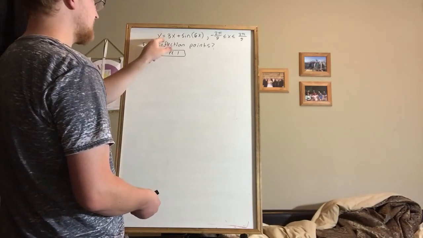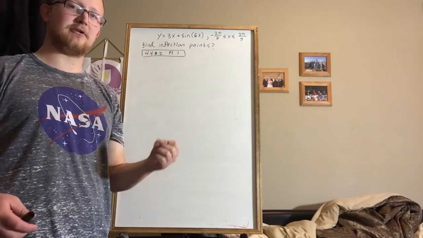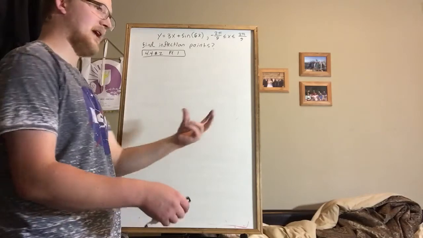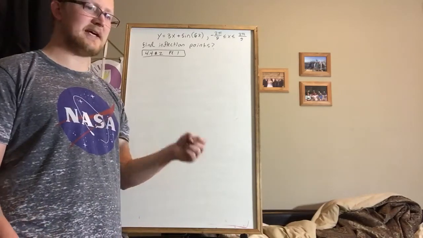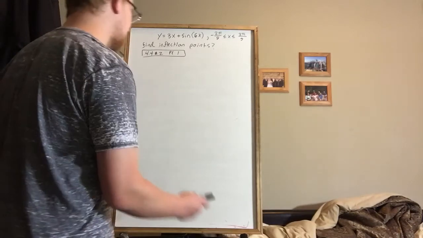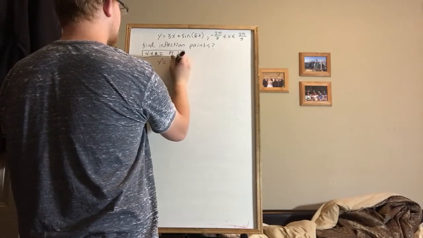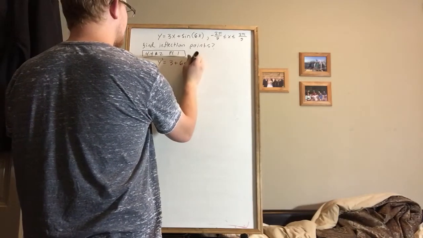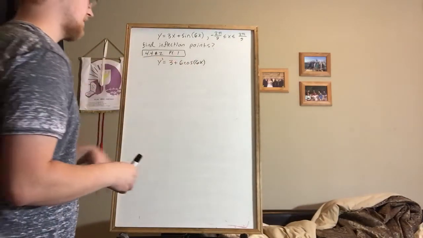So the first step to finding inflection points is finding where concavity equals zero between a concave up and a concave down portion of a graph. We know the second derivative tells us concavity at any given point on a graph. So we'll start with the first derivative, which is 3 plus 6 cosine 6x.